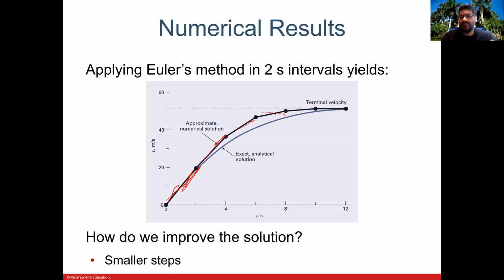If you take the step as 1 second, you're probably going to get a better representation. You're going to get closer to the exact solution. And if you take it as 0.5 second, maybe you get better and better. So the more steps or the smaller the intervals, the better the representation of the solution, and you are going to get closer to the exact solution.